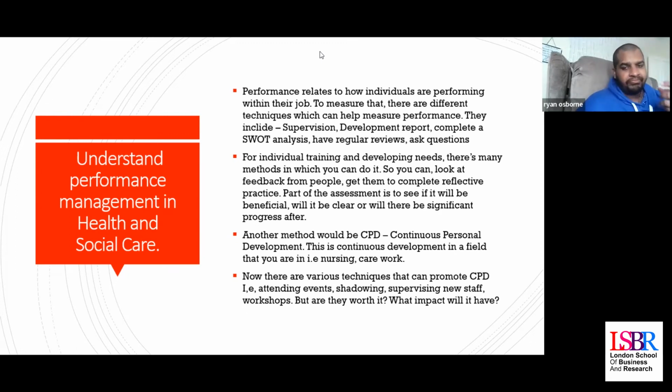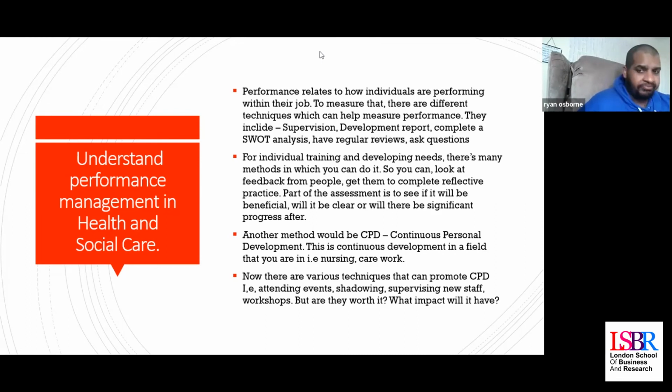When we look at an individual, there are several ways you can gain understanding about their performance. We mentioned those particular standards. Now let's see whether they are meeting those standards within their role, and how they marry together.